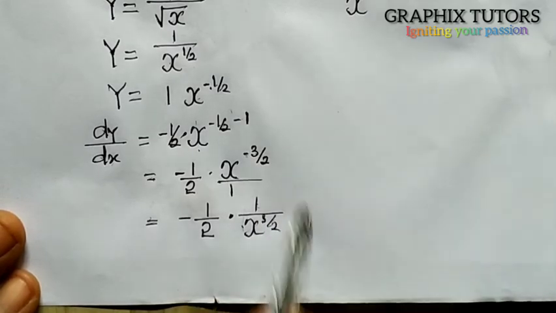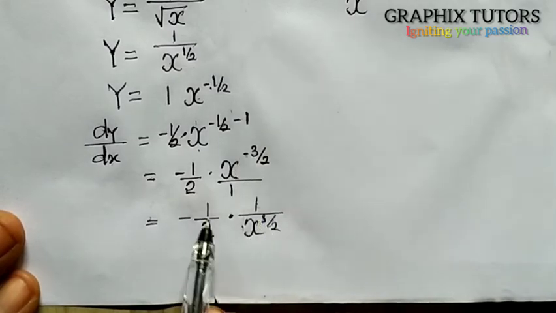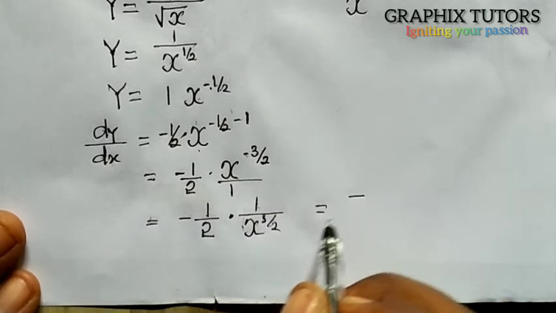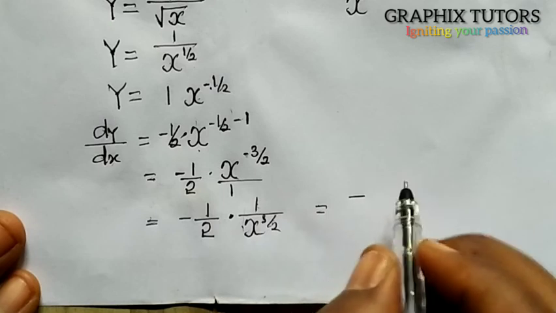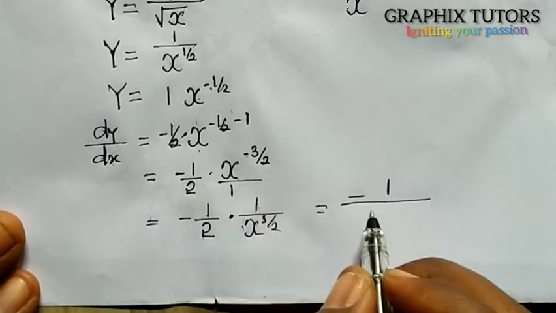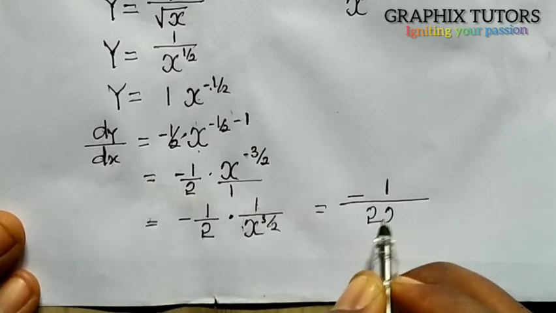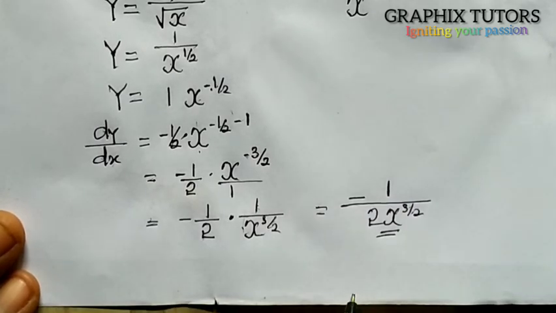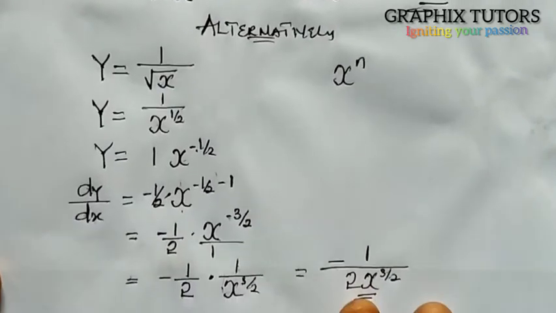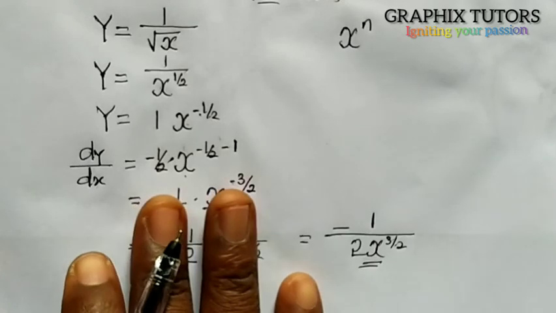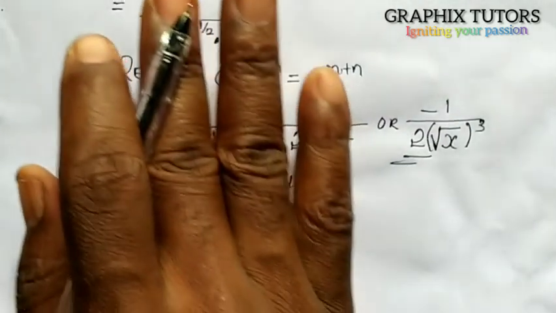You can see that when this comes down, the negative will disappear. So 1 times 1 is 1 all over 2 times x to the power 3 all over 2. So that is my answer. It's just the same thing, the same answer that we got, right? So this is power rule. What I did earlier is first principle.